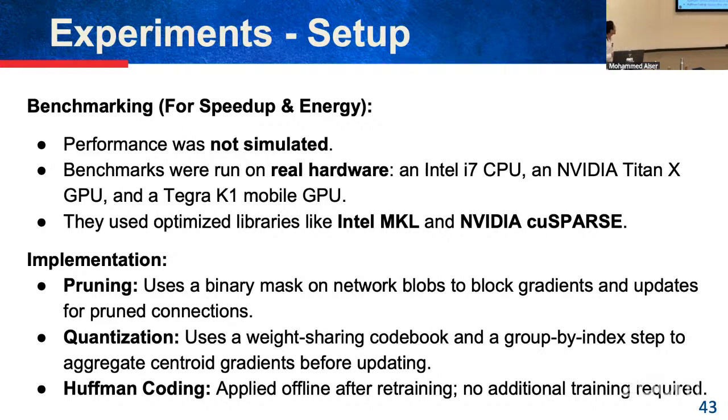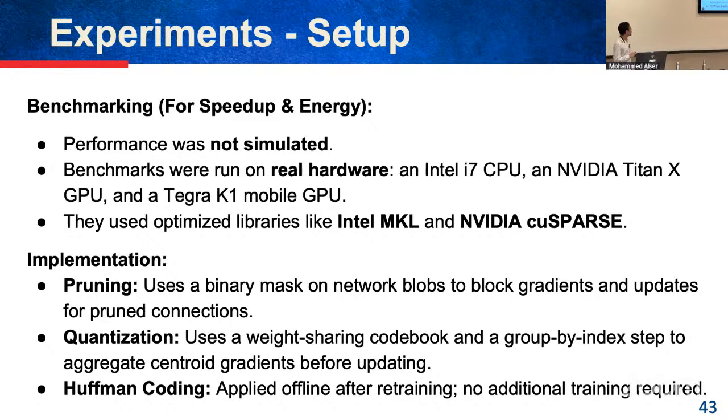The libraries they used were vendor-optimized libraries, Intel MKL and NVIDIA cuSPARSE. Intel and NVIDIA make special libraries for research purposes, focused on individual research based on collaboration. So these libraries were specifically built for this research only.